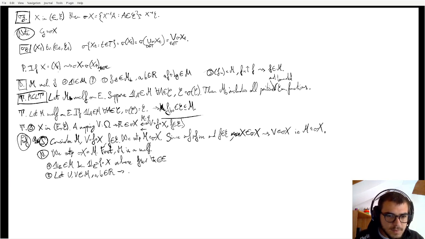What we have to show is that AU plus BV is in M. Then U is F applied to X, V is G applied to X, for F and G measurable.